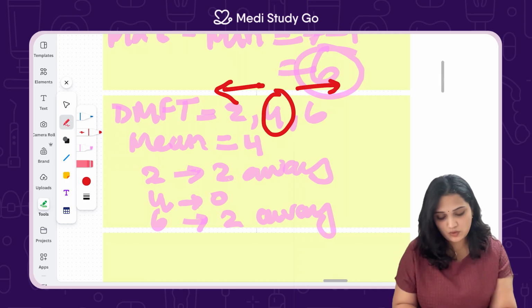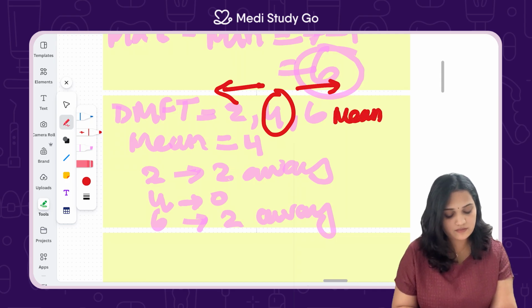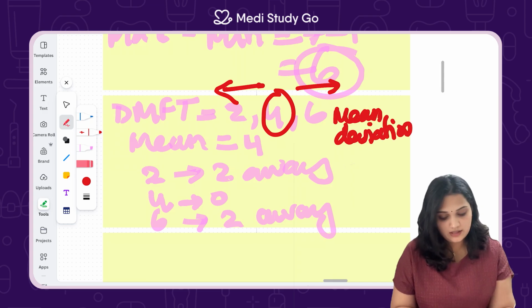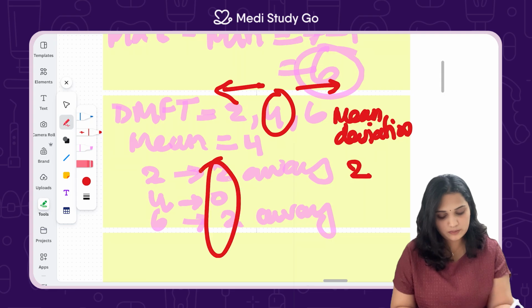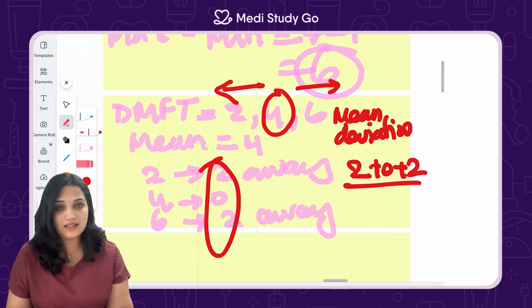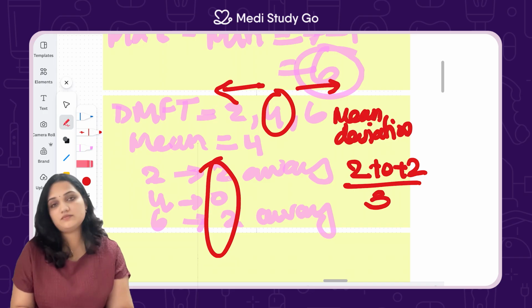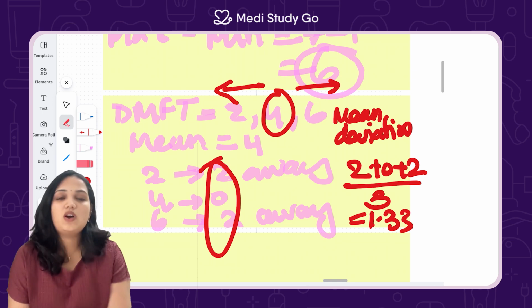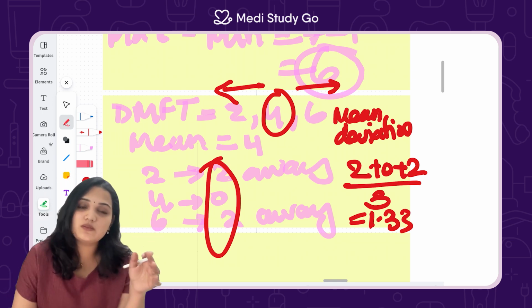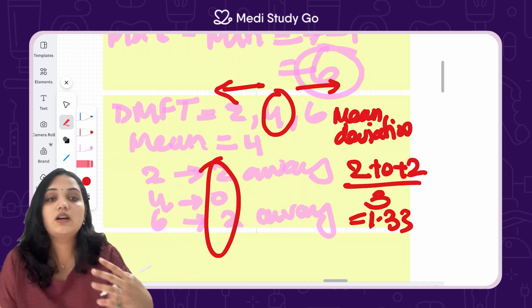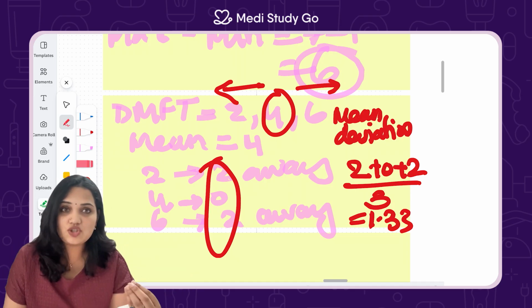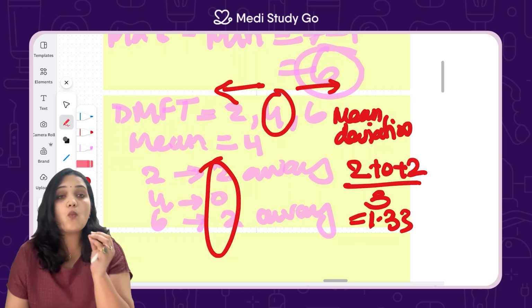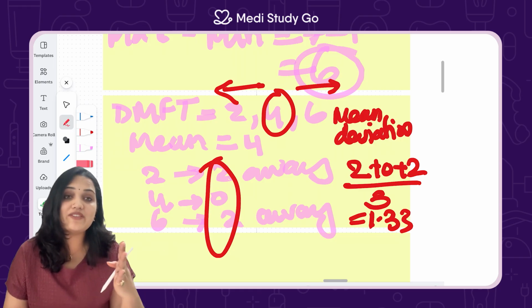Now the mean deviation what we get is 2 plus 0 plus 2 by 3, which gives us 1.33. Okay, so we got some number, 1.33. What does it mean? It means on an average, values in your data set are 1.33 units away from your mean.